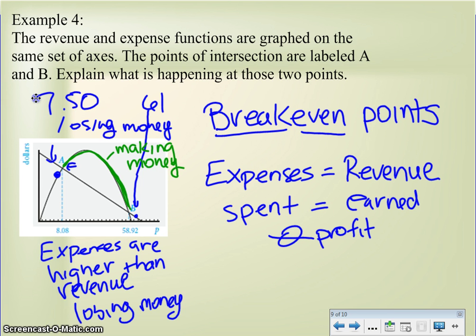In our break-even points, we made nothing except to cover expenses. And then finally, any area down here below the curve, we're losing money.